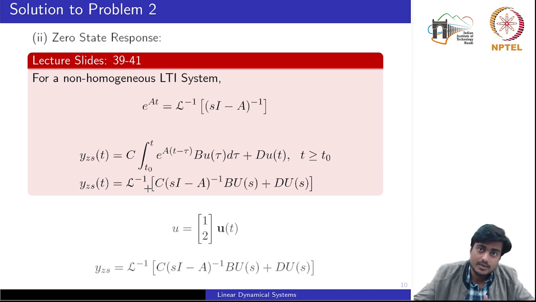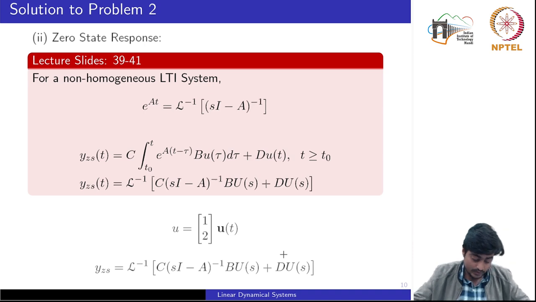So first compute the Laplace transforms and then compute the inverse Laplace to finally obtain the solution in the time domain. This input is already specified to us, 1 and 2 with the unit step signal. The C matrix is given to us, along with A, B, the Laplace transform of this input, the D matrix, and finally the U matrix.